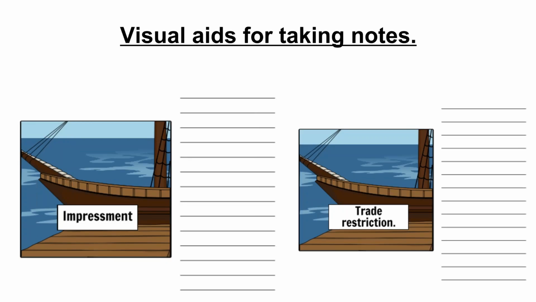And as I mentioned at the beginning, you can also use this as a tool for taking notes or visual aids for taking notes. This is something I actually did with a group of my own students who were in special education, and we were looking at basically making a glossary with visuals included in them.